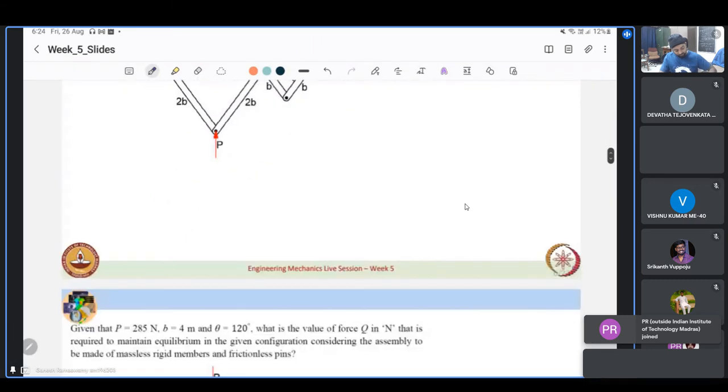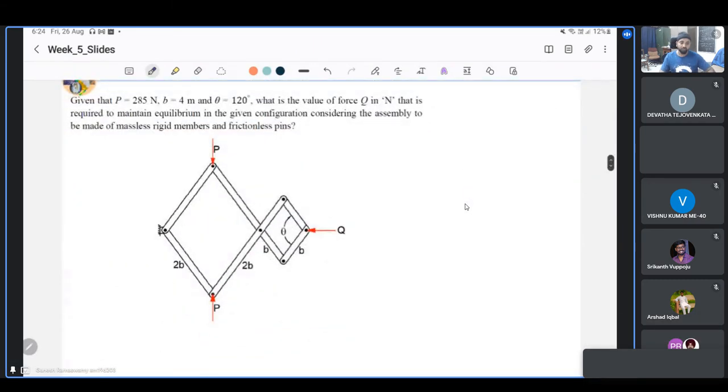Okay, the first thing that we need to do here is to draw the deformed configuration, to at least visualize it. So that is something that is required when we analyze systems like this. We can easily see from the very construction of the system that when we apply force P, if this Q wasn't there, this joint would go away.